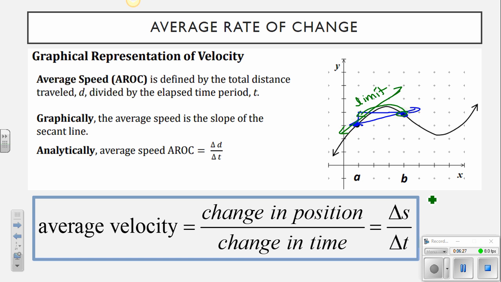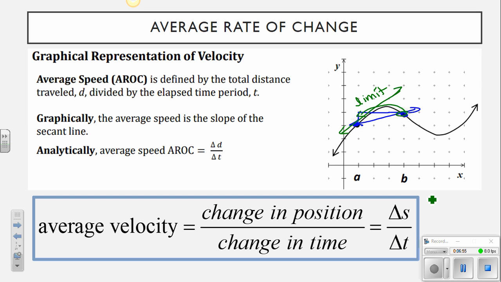On the next page, which we'll get to in a second, just make sure that you know that average velocity is going to be your change in position over your change in time. All right? So it's the change in position over the change in time. That is what your average velocity is. You're going to see some textbooks talk about this s function, change in s over change in t.